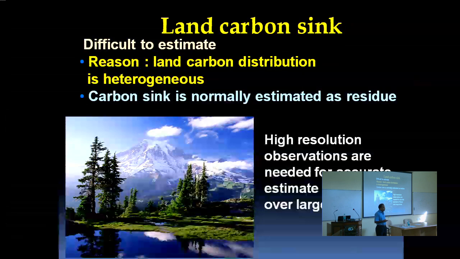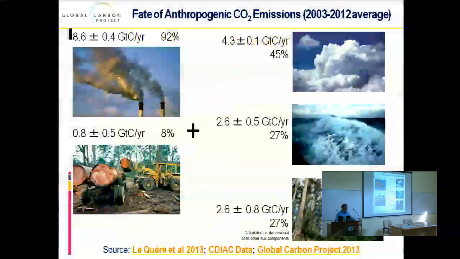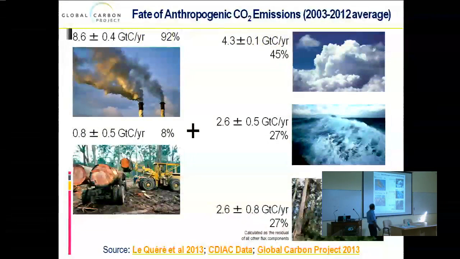In fact, it is one of the most difficult quantities in this particular figure. In this chart, it's easy to estimate this, and also it's easy to estimate this. The most difficult quantities are related to the land.